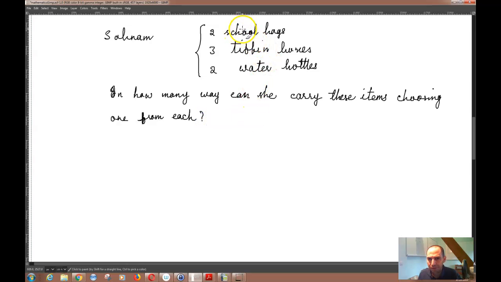Meaning that, for example, if I have bag 1 and bag 2, tiffin box 1, tiffin box 2, tiffin box 3, T1, T2, T3, and the water bottles W1 and W2.